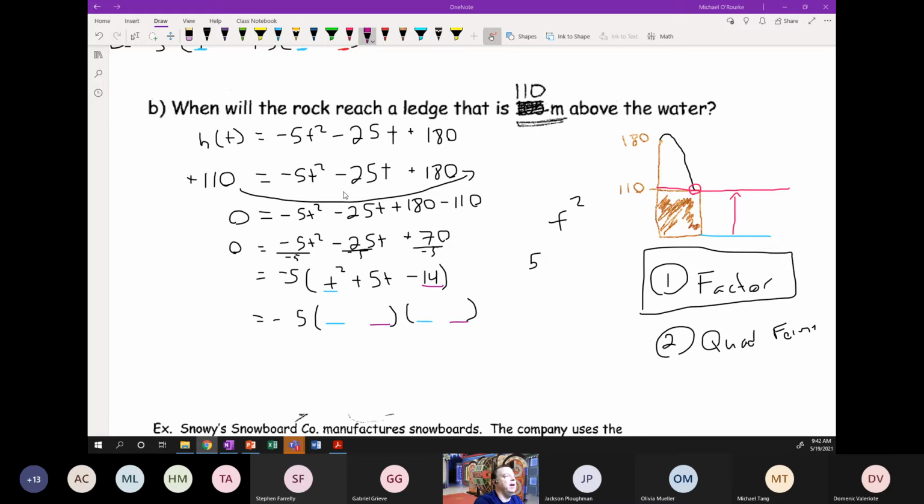So Dominic said that 7 and negative 2 go in here. Plus 7, x minus 2. So we have our factors, then we split them to find our zeros.